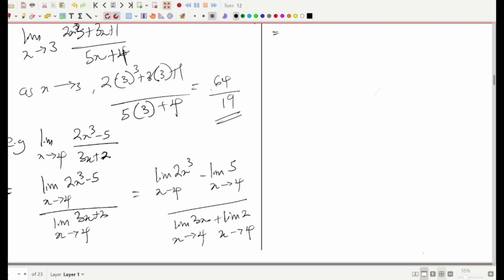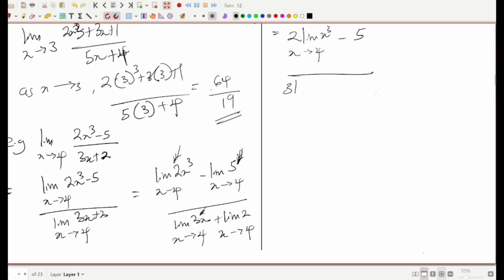What are we getting? So for the first one, there's a constant here, can move inside and out of the limit expression. We have 2 multiplying the limit of x cubed as x approaches 4 minus the limit of 5 as x approaches 4 is the constant itself. So it is 5 divided by, can do the same for here. There's a constant here, can move inside and out of the limit expression.